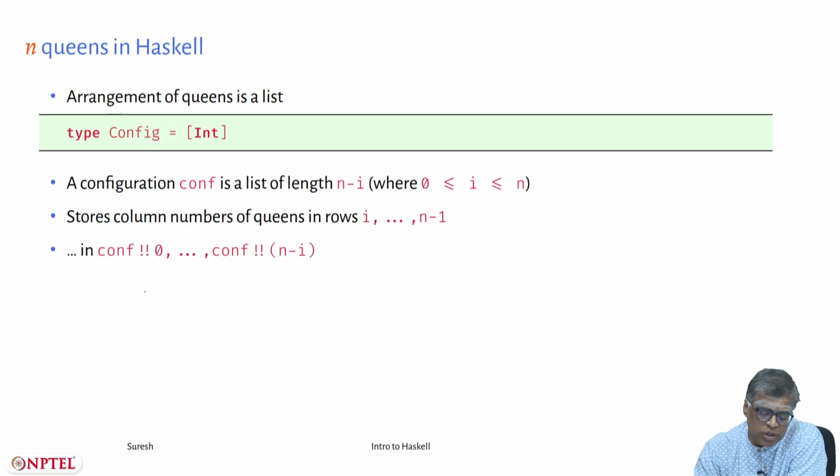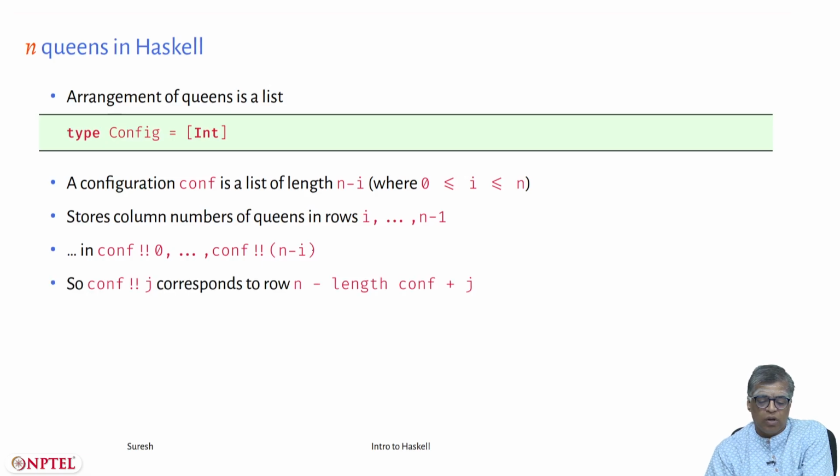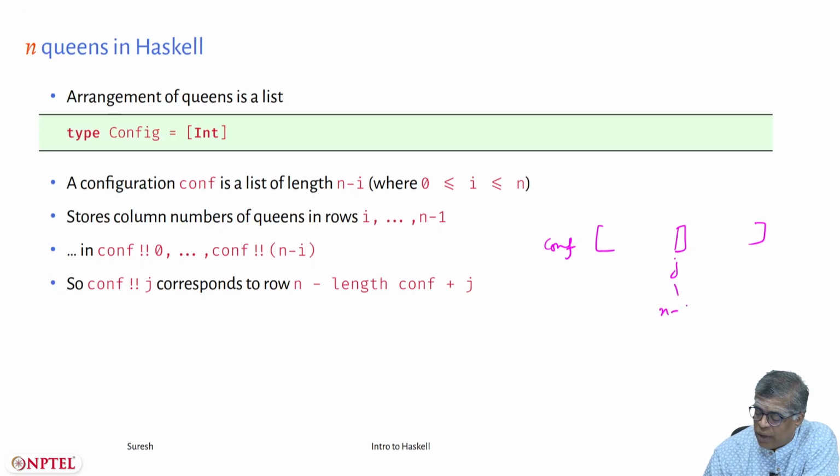And yeah, so this is the point. So my list will be in configuration at index 0, at index 1, etc., till n minus i, okay. So fine. The configuration is a list, conf is a list, conf at position j corresponds to the row n minus length of conf plus j.